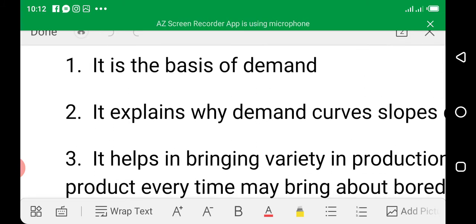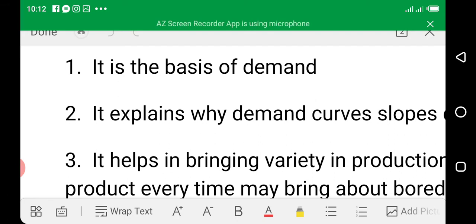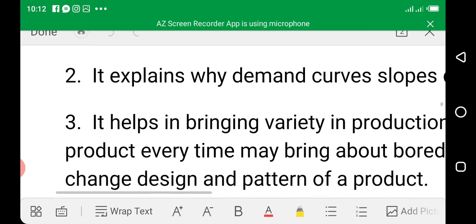The importance of diminishing marginal utility: Number 1, it is the basis of demand. The law of demand states that the higher the price, the lower the quantity demanded, and the lower the price, the higher the quantity demanded, all things being equal. So also the marginal utility of the successive unit of a commodity will diminish or reduce as the total consumption of the commodity increases.